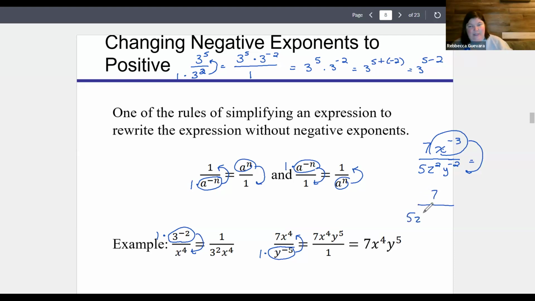The only thing that happens is that this x becomes x to the positive 3. Same thing with this: I can move it up here, everything else stays down here, and it's just this y to the negative 2 that moves to the top and becomes positive. So remember, the only thing you're moving is the base and its exponent. Nothing else goes with it.